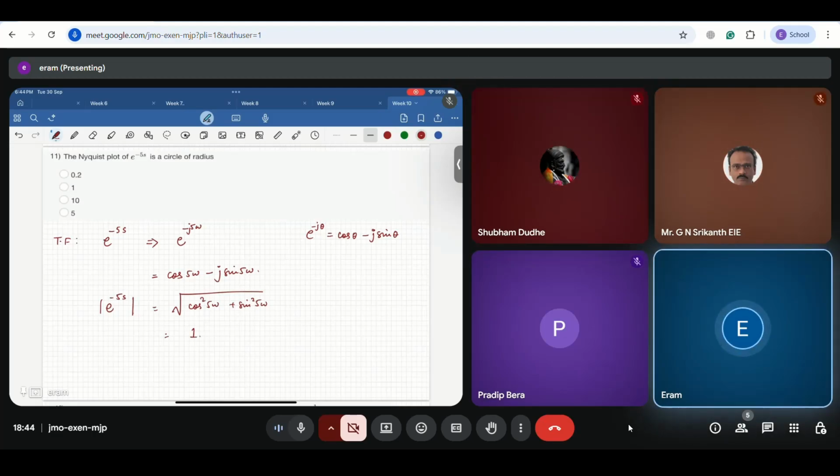So from here you figured out the magnitude of e to the power minus 5s is always 1.